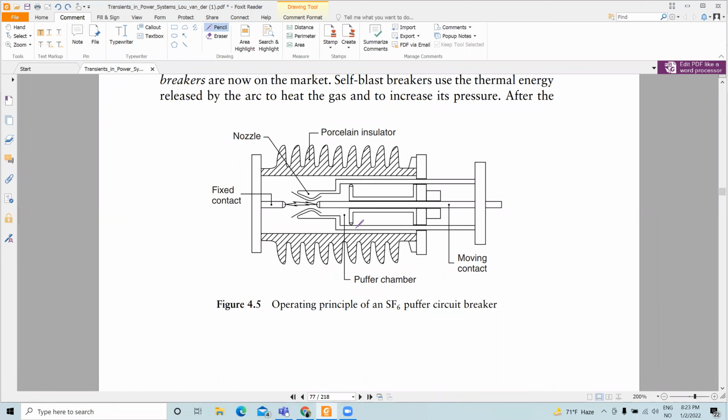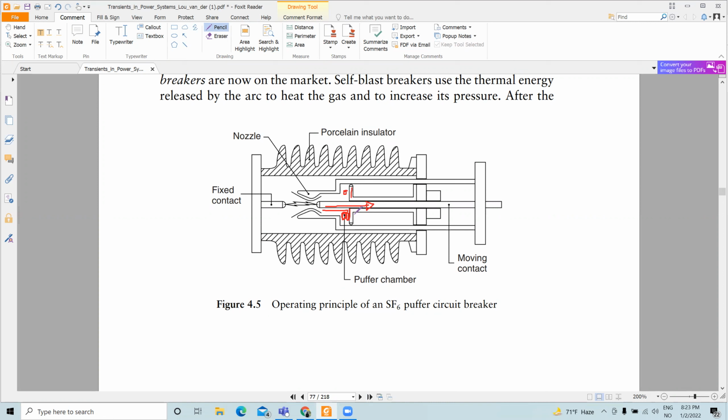In the SF6 breakers, you have a mechanism called puffer. You can see that you have a puffer chamber here. It's like a syringe. When this contact moves in this direction, this part gets compressed because you have a piston here.